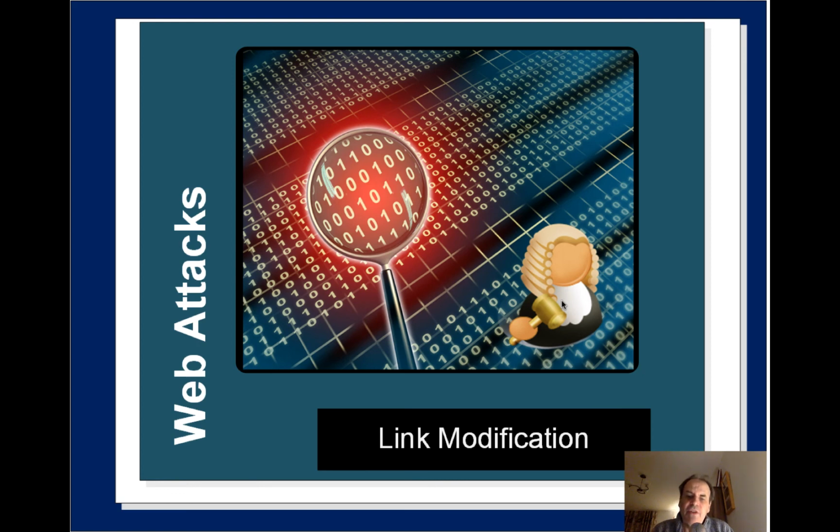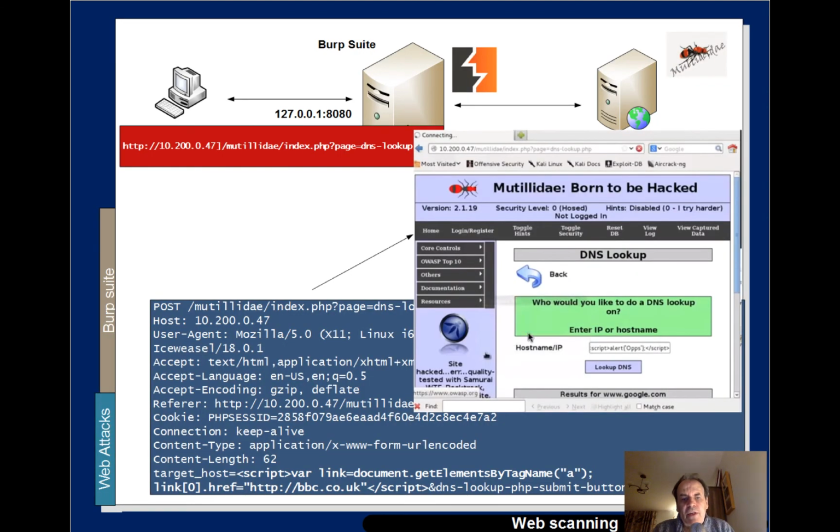Link modification is quite a powerful tool for an adversary. With this, we'll inject some script, this time into the text box. Again, it will go right through and appear as part of the rendered page. What happens here is that it finds the A tags on the page and creates the first link to be BBC.